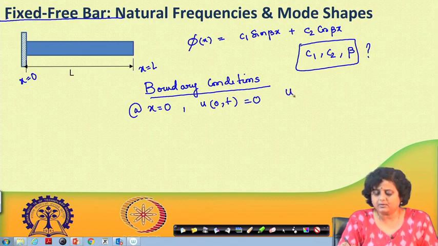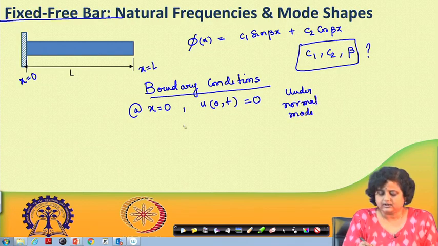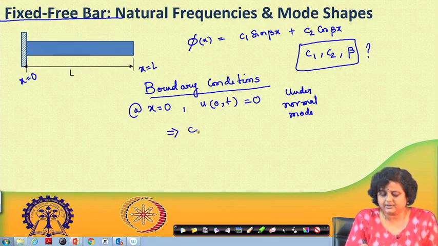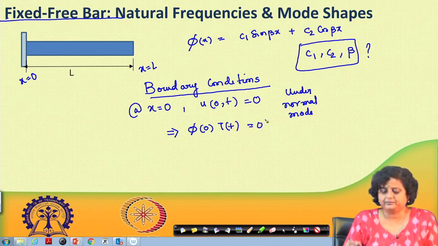Under normal mode of vibration, this can be written as φ(0) T(t) equal to 0.